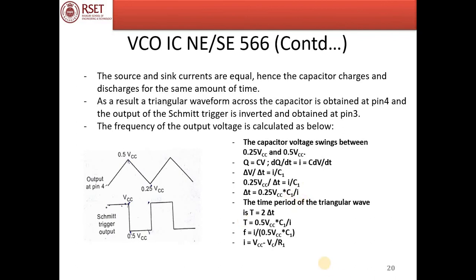Now we need to find out I. I is equal to VCC minus VC, the whole divided by R1. Therefore, the frequency F is equal to, substituting the value of I, 2 into VCC minus VC by R1 C1 VCC.